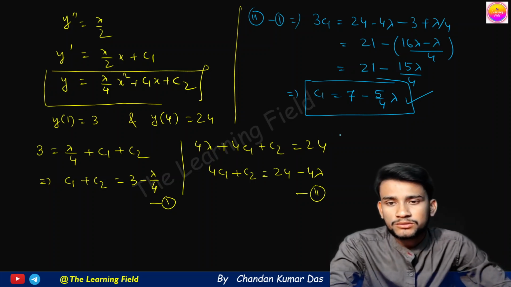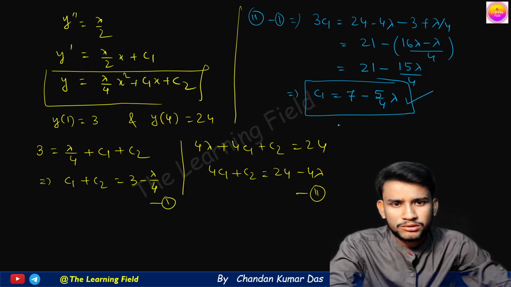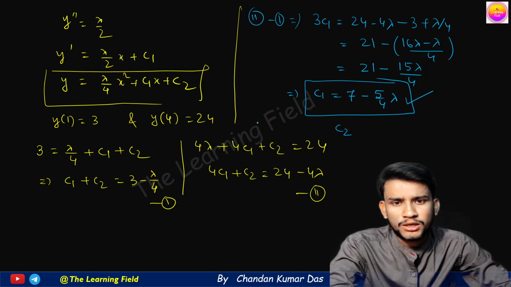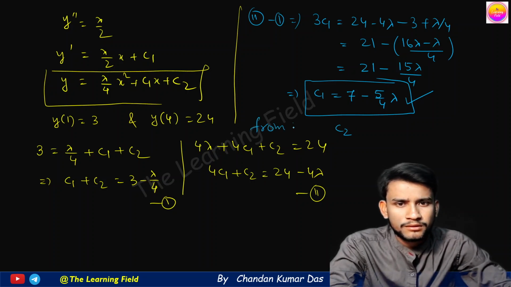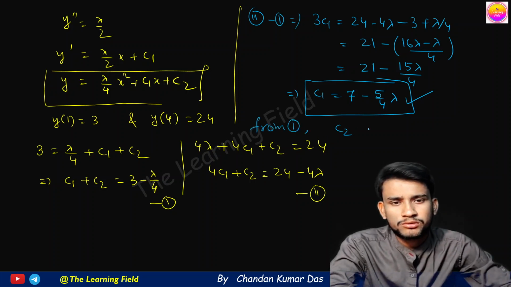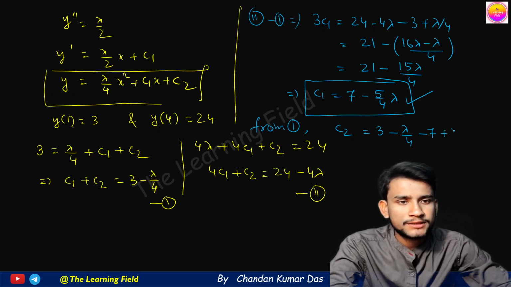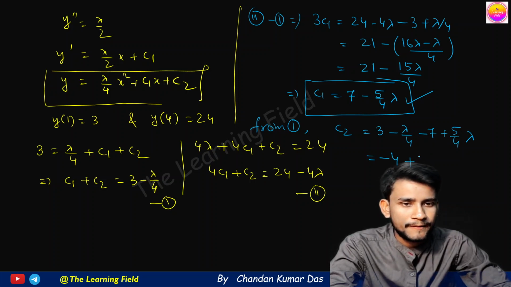Now c2, we can write from equation 1, c2 is equal to 3 minus lambda by 4 minus c1, so minus 7 plus 5 by 4 lambda. So this means minus 4, and minus 1 by 4 plus 5 by 4 is lambda only.